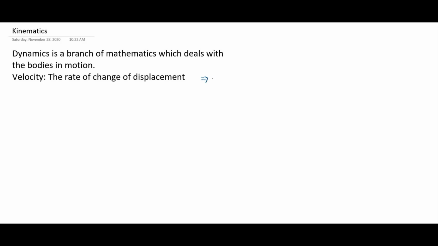That implies velocity v, if x is the displacement, we can denote it by dx divided by dt. So the first differentiation is the velocity.